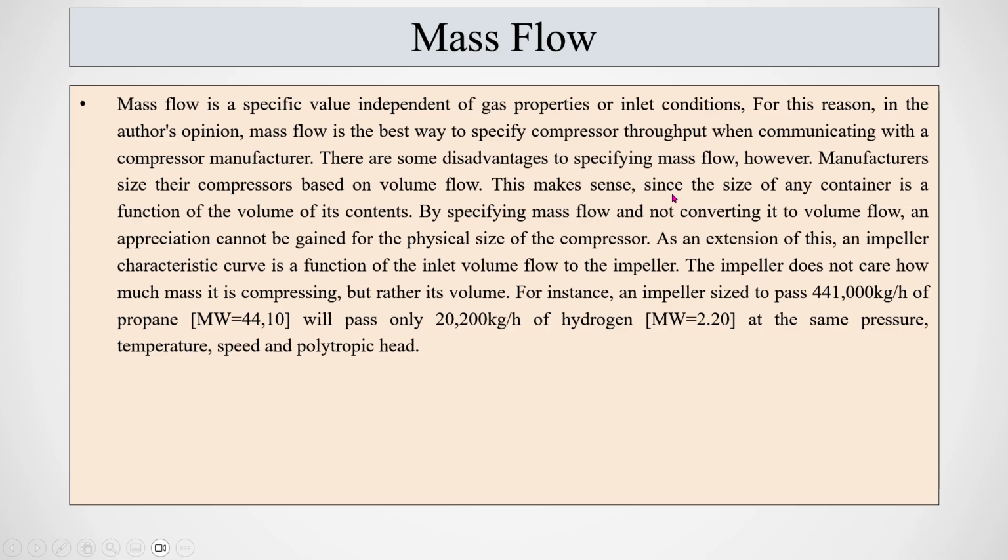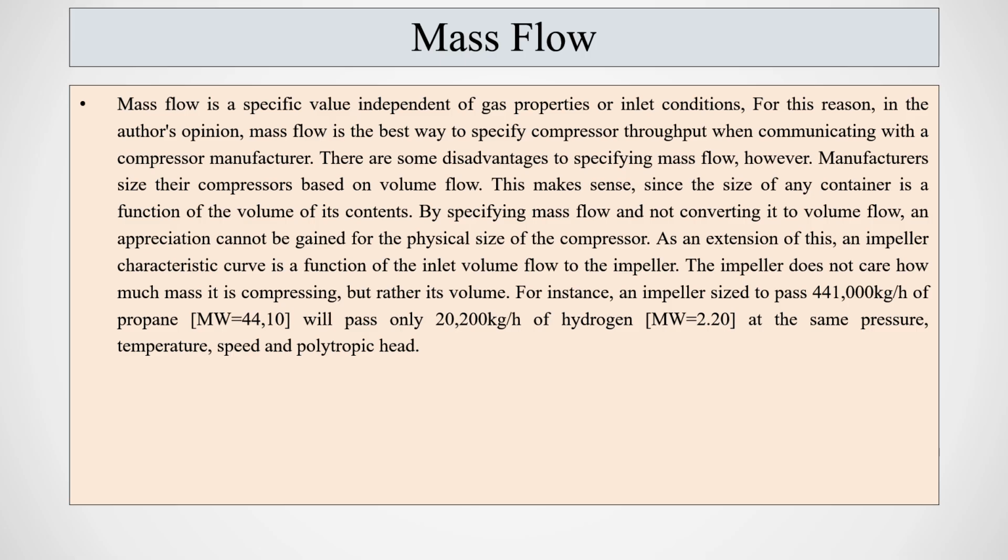Because the size of any container is a function of volume and its content. By specifying only the mass flow, we are not converting it to volume flow, and no appreciation can be gained for the physical size. What should be the size of the compressor? We cannot know if we specify only the mass.